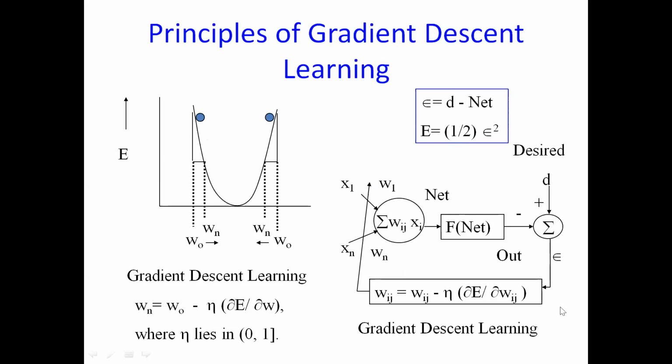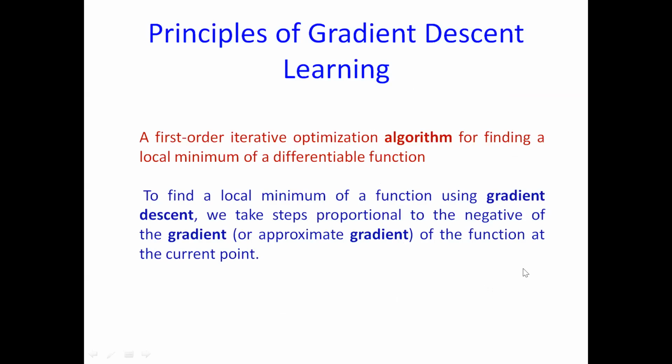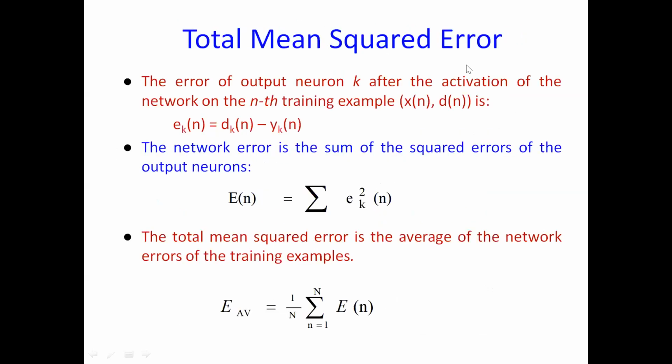This process of updating weights has been expressed a few times before. And this is the error we want to minimize in this process. This error is called the total mean squared error.